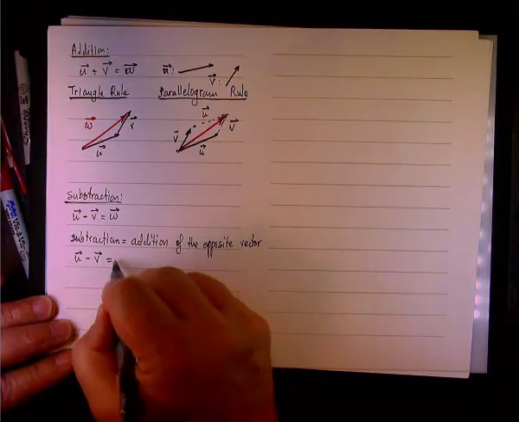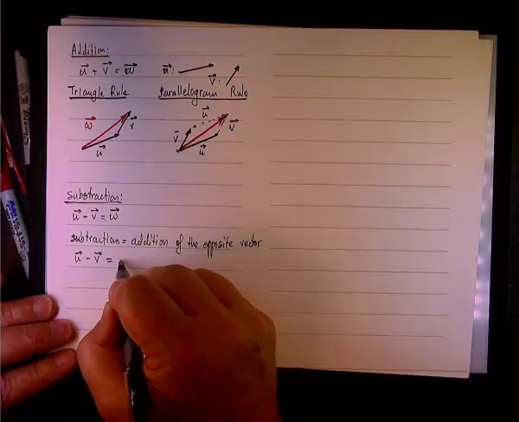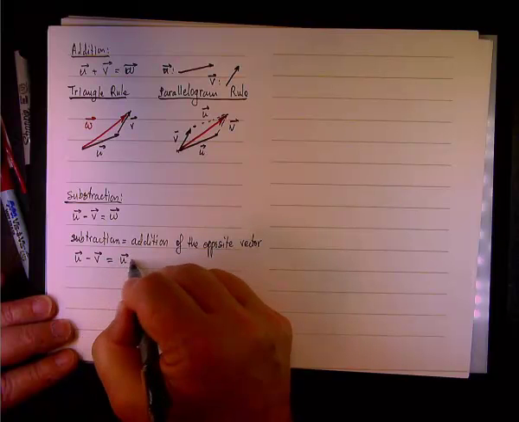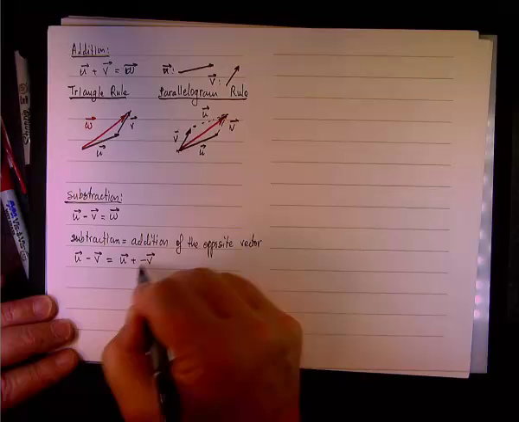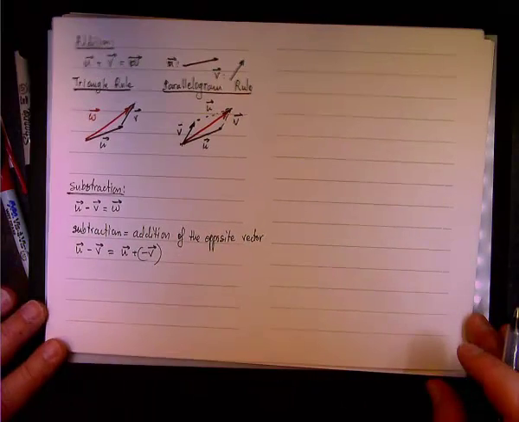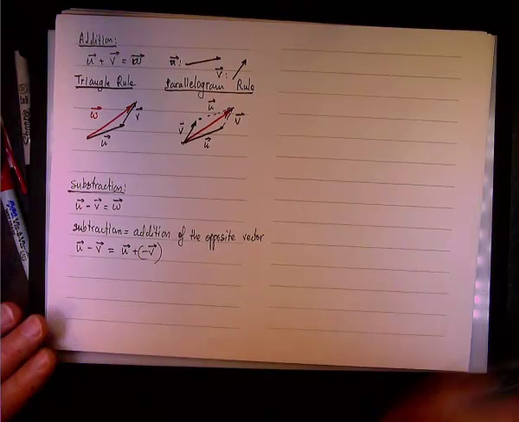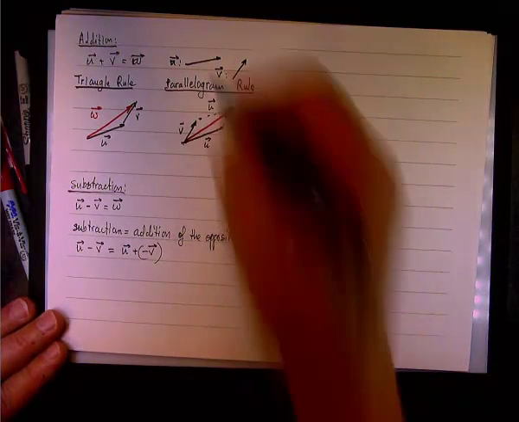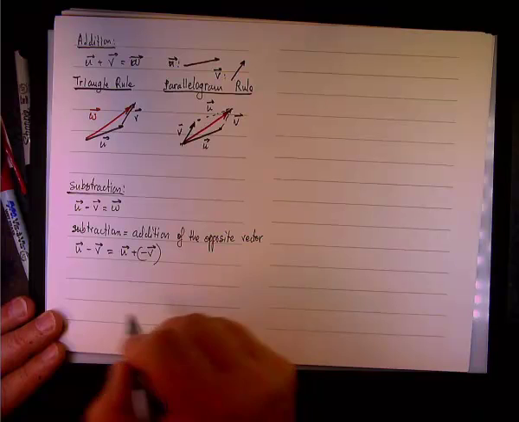What do I mean by that? Instead of u minus v, since we have a rule for addition, we can say u minus v equals u plus negative v. So what is negative v? We just flip initial and terminal points.